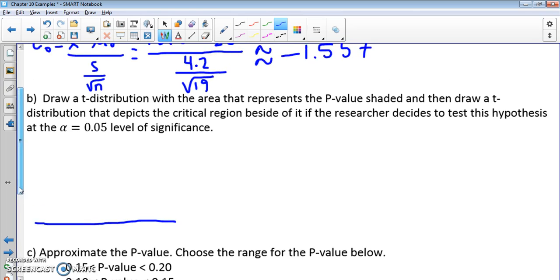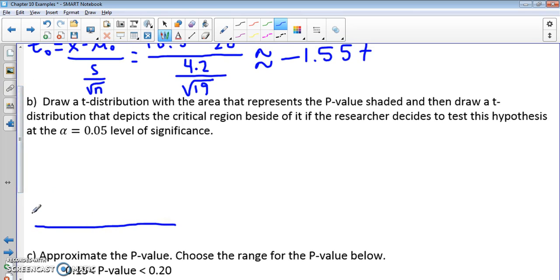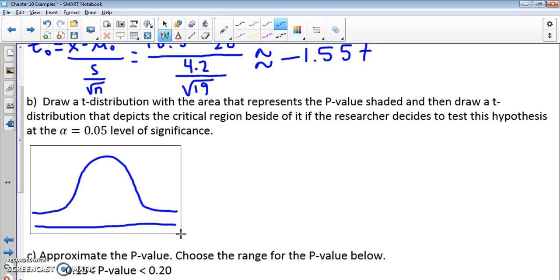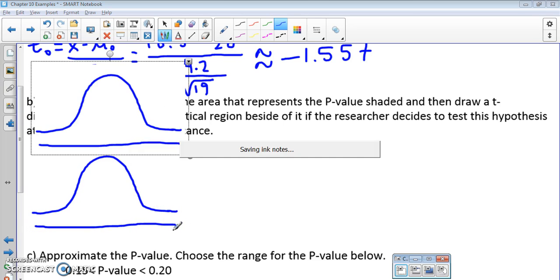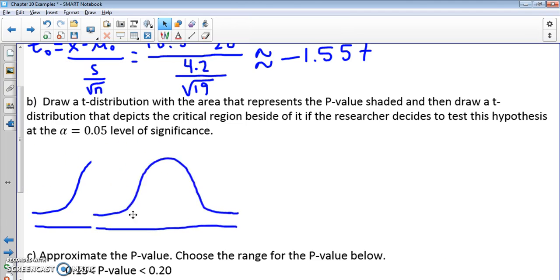And I think, yep, okay. So I'm going to snip these. Look at an identical graph.